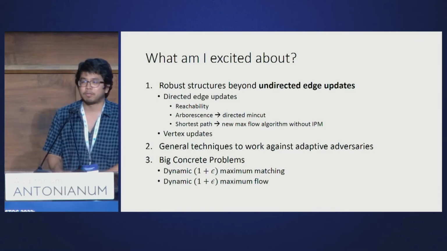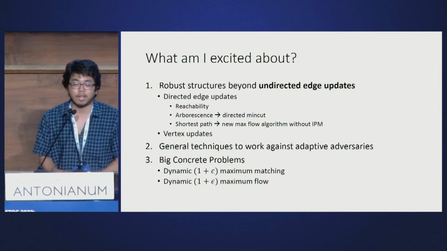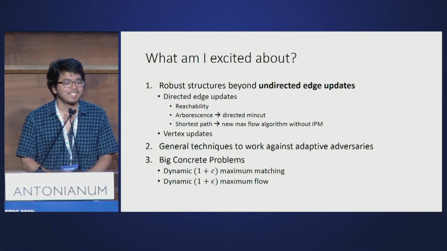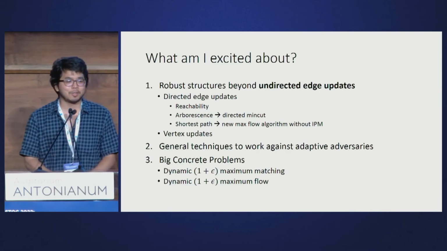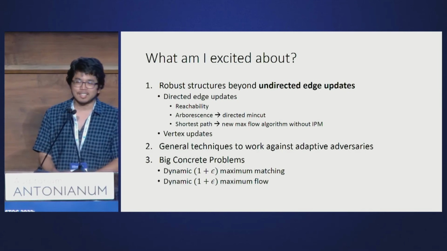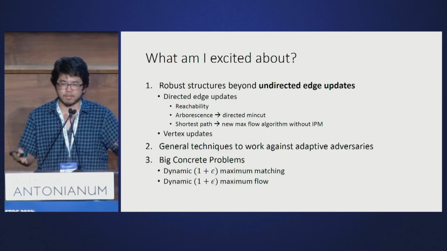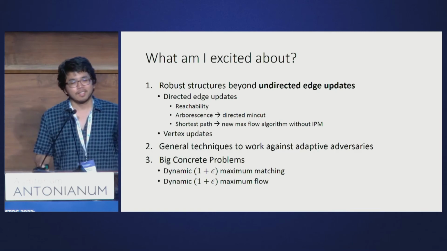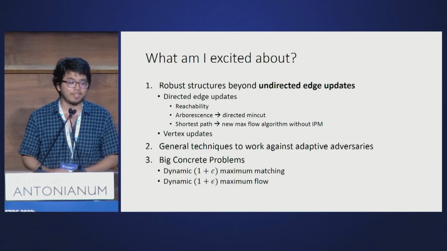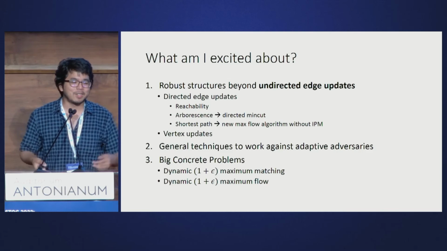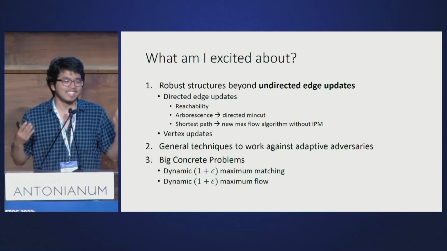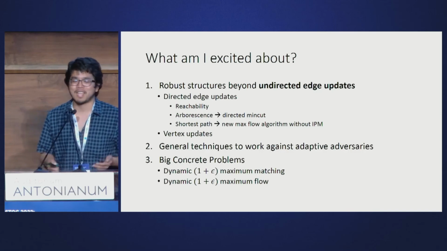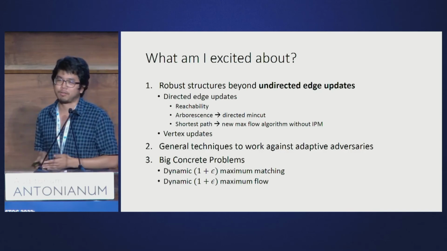It turns out that for many problems in the state of the art of dynamic algorithms, if you assume that the adversary is oblivious, so not adaptive, then you can get very fast algorithms. But once the adversary is adaptive, the best known algorithm is very slow. Now, is there some generic way to make an algorithm work against an adaptive adversary?